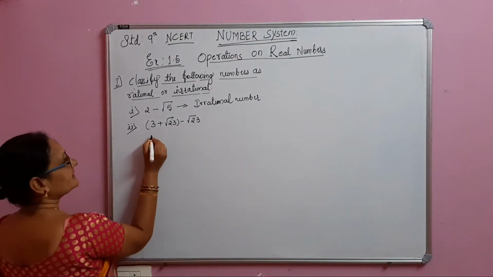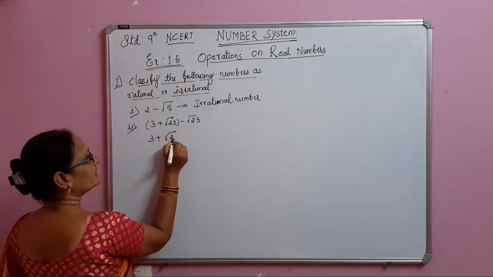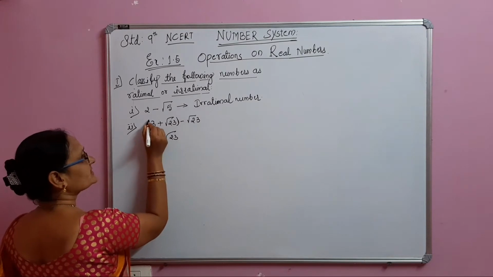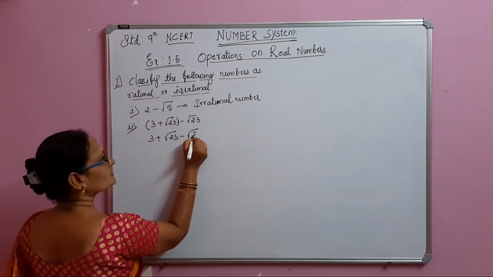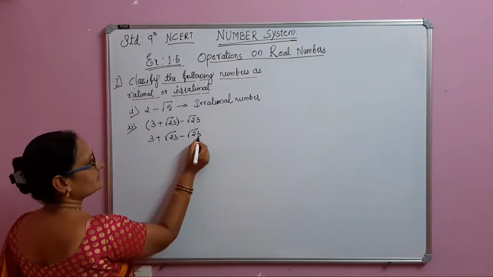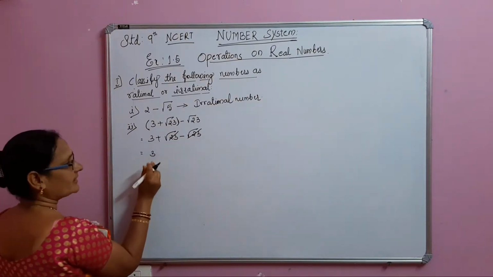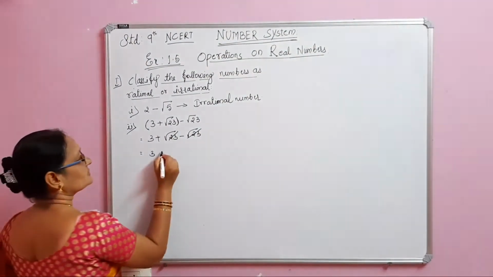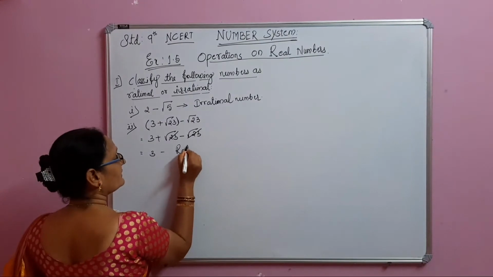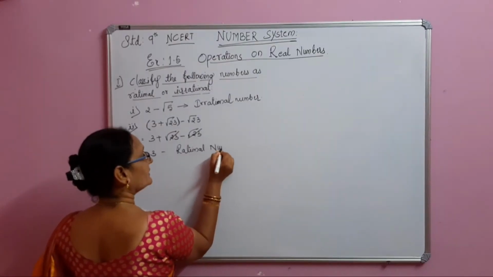Let us see. 3 plus root 23. Now we remove this bracket, plus into minus, minus root 23. Plus root 23 and minus root 23 got cancelled. Here only 3 remained. Is 3 rational or irrational? Rational number. So this is a rational number.